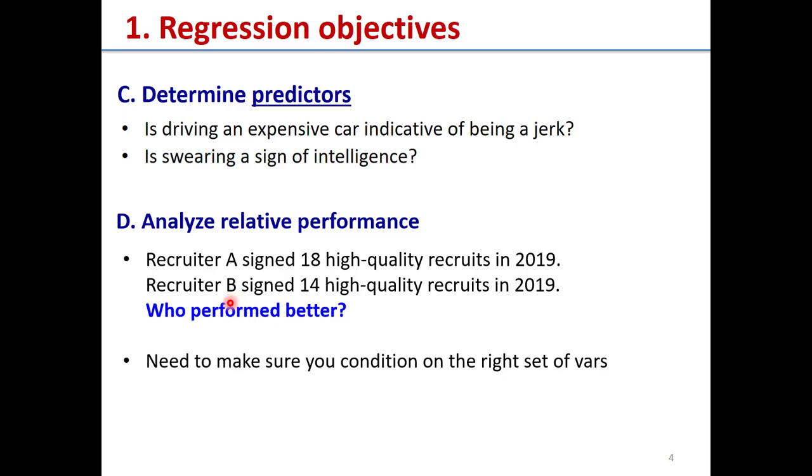No one's walking into the station. You really have to go out there and canvass and try to recruit people. So recruiter B getting 14 recruits might actually have done better than recruiter A getting even more at 18. When you do this, you really need to make sure that you condition on the right set of variables. That's a separate lesson.